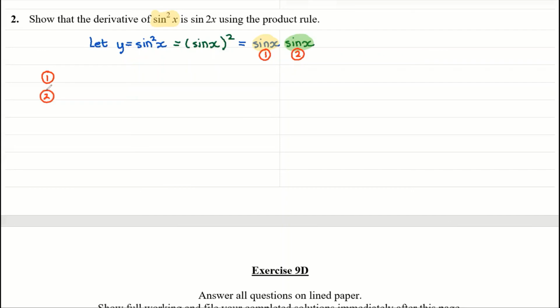Got 1 and 2 there. And we're going to have sine x and sine x again. And using the derivatives, this is going to be d1 here and d2 here. What do we get? So what are the derivatives? Well, derivative of sine is standard, isn't it?